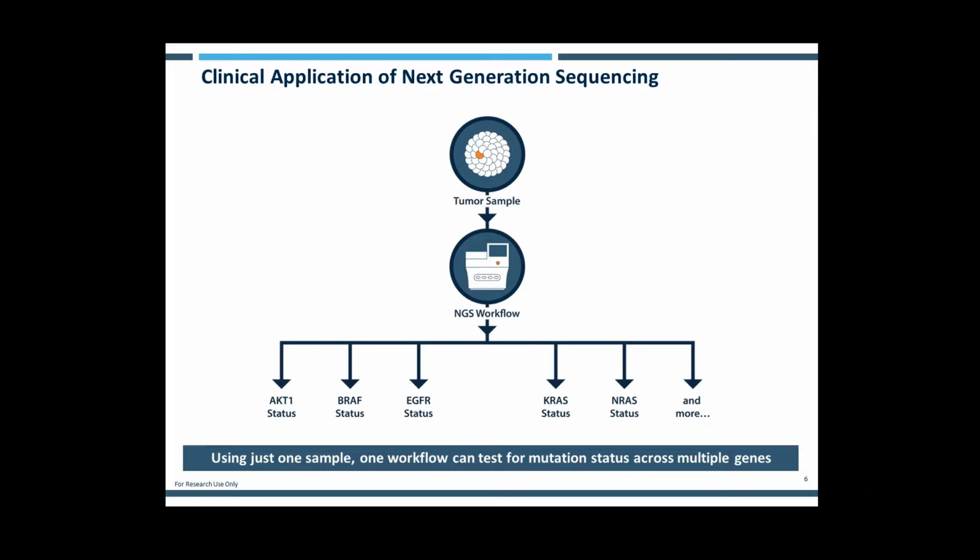So switching from a qPCR-based method or a sequencing-based method, you can start to really extract a lot of information from just one sample.